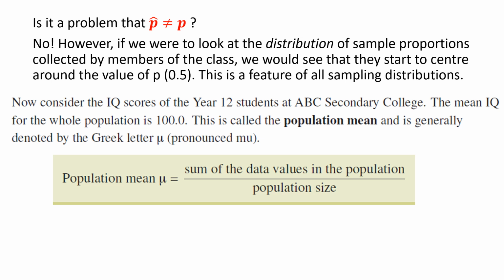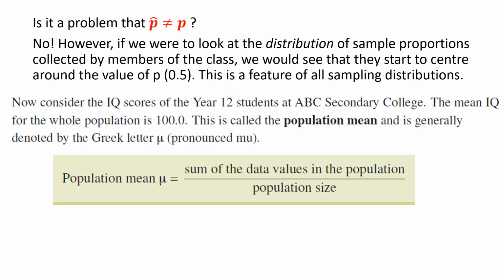This is something you could do quite easily, but suppose we're interested in the average IQ of Victorian high school students or Victorian year 12 students. We couldn't possibly go around and collect that information by getting everyone to sit an IQ test. But what we might do is draw a random sample of Victorian Year 12 students, work out the sample mean, as it's called, and then draw inferences about the wider population, which would be Victorian school students.